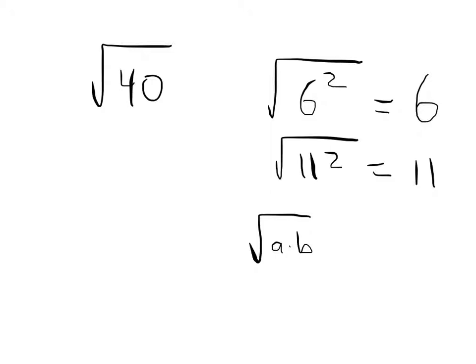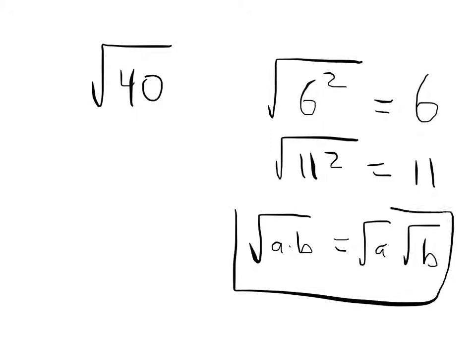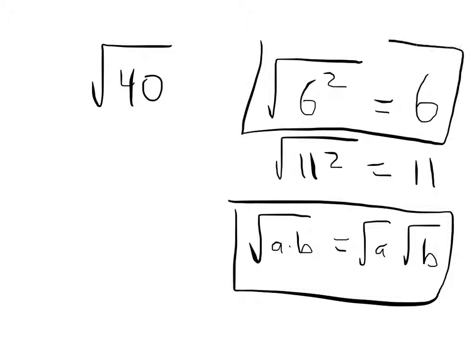We're going to deal with real numbers in this course. That's going to be root a times root b. So I want to use this thought in simplifying root 40.